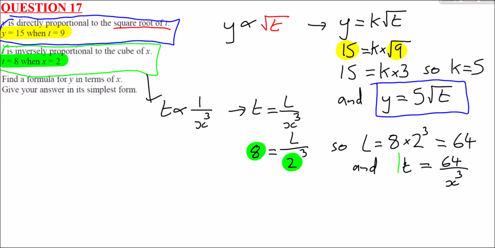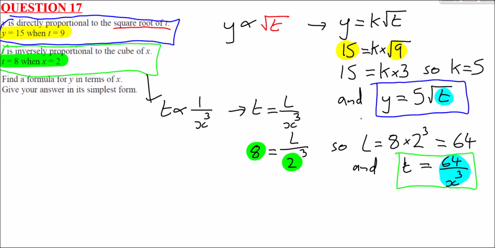So now we need to piece these two parts together. We need a formula for y in terms of x, so we don't want this to involve t at all. If we have a look at this one here, y equals 5 root t. We want it in terms of x though, not in terms of t. What we can do is replace this t with what t is in terms of x. t is 64 over x cubed.